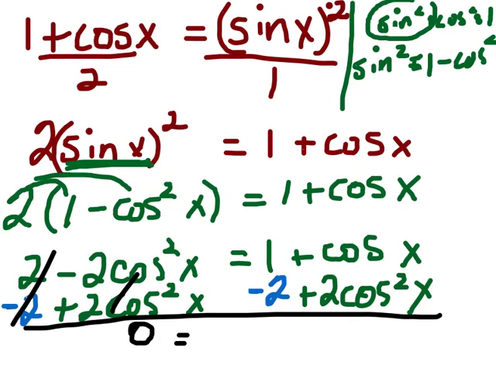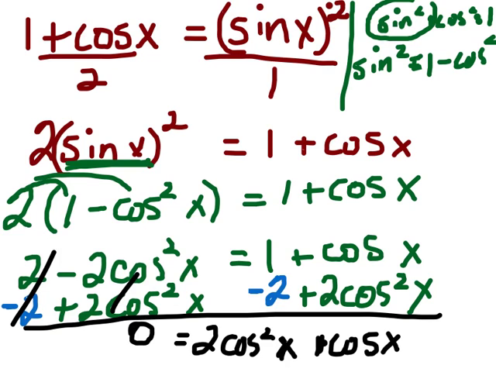And if I put things in standard form, where you put the square first, and then you put the next term down, then you put your constants last, wouldn't I have 2 cosine squared x plus cosine x, and then 1 minus 2 would be negative 1, right?